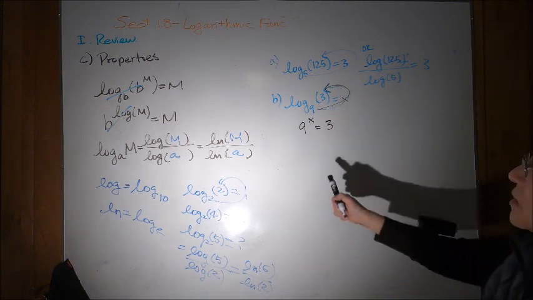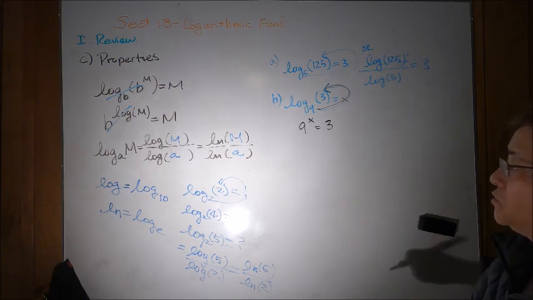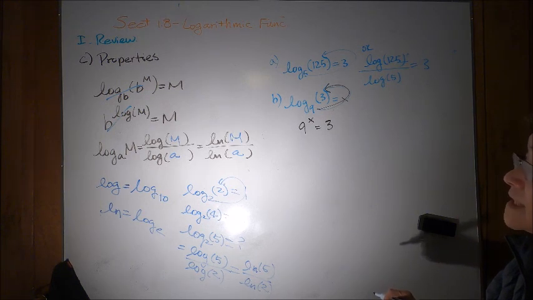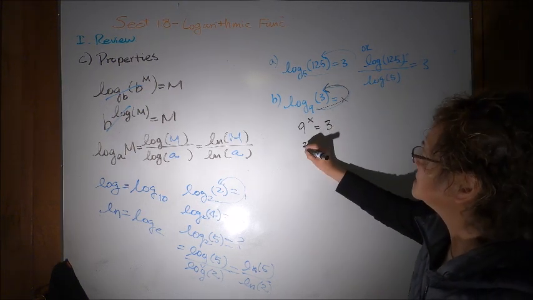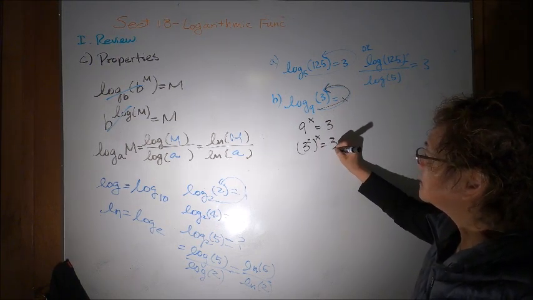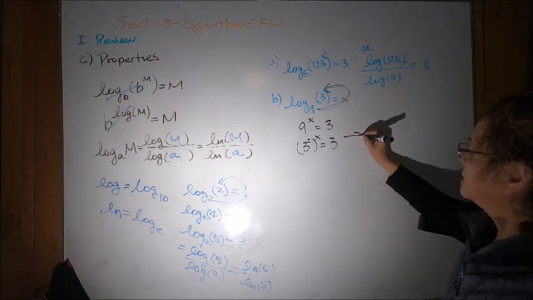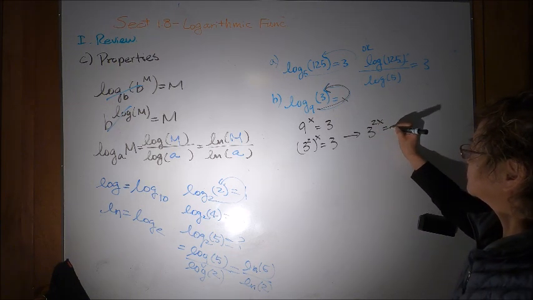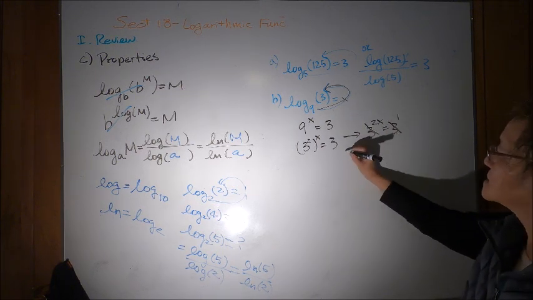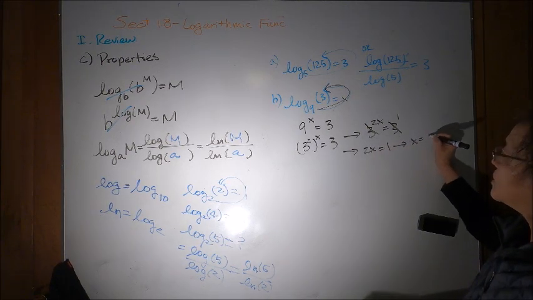So what kind of equation do we have? Exponential equation. How do we solve an exponential equation? We change to the same base. So you can change this to 3 squared to the x equals 3, right? And so you have what? 3 to the 2x equals 3, which is power of 1, same base. So 2x equals 1, then x is what?